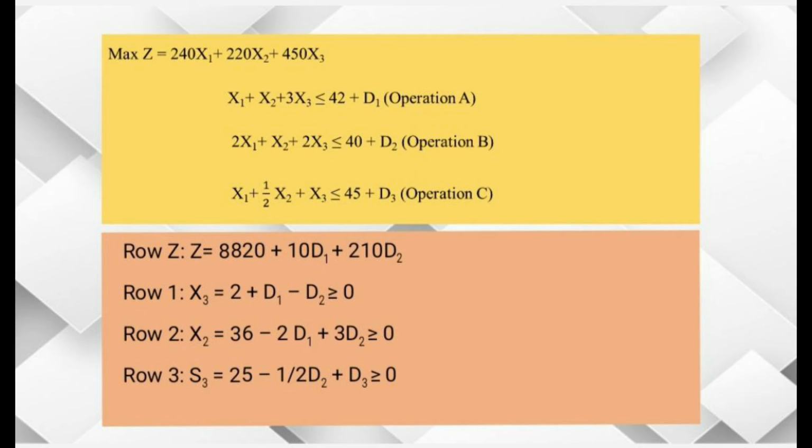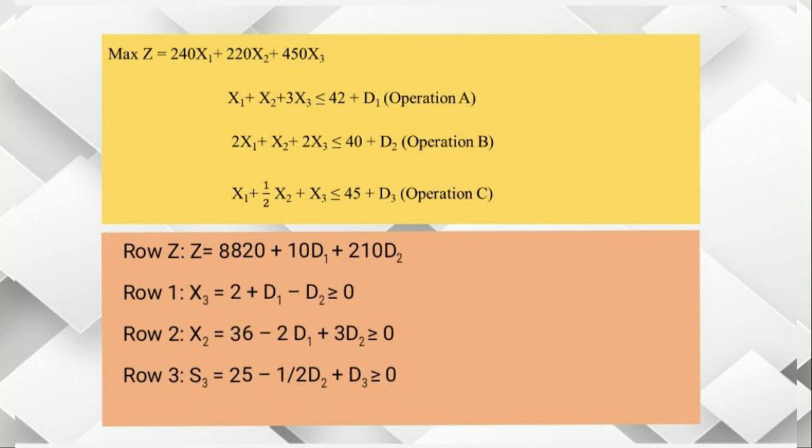The feasibility condition for row 1 is X3 = 2 + D1 - D2 ≥ 0. Row 2 is X2 = 36 - 2 D1 + 3 D2 ≥ 0. Row 3 is S3 = 25 - 1/2 D2 + D3 ≥ 0.